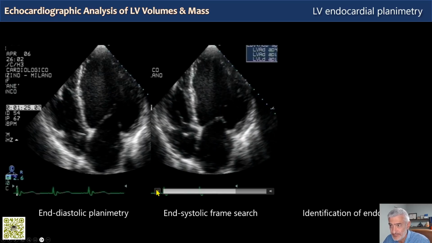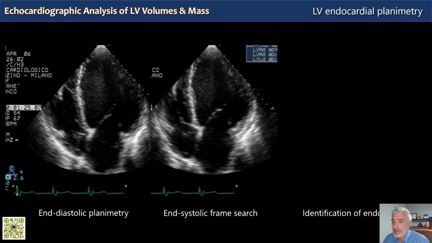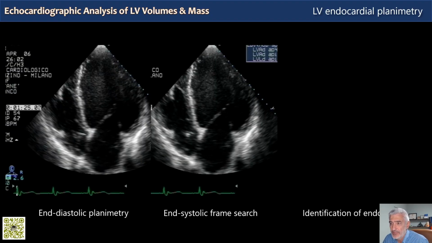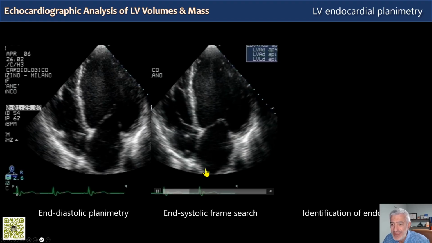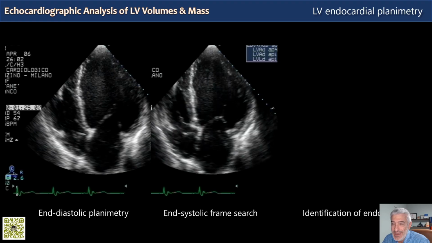We then proceed to identify the end systolic frame, again by advancing one frame at a time, and end systole corresponds to the frame with the mitral leaflets closed immediately before the frame in which the first of the visualized segments begins to relax. That means to move outwards.